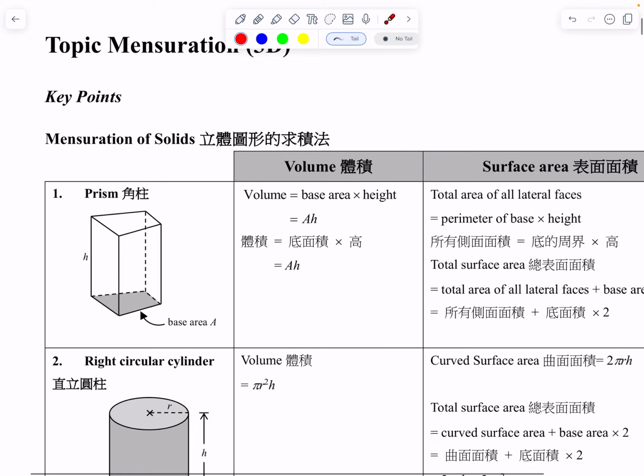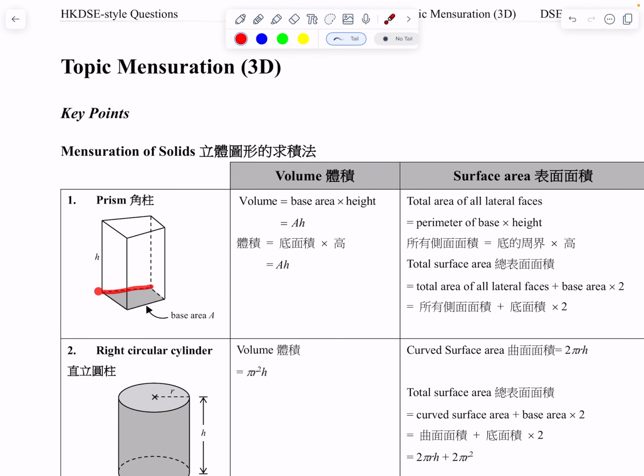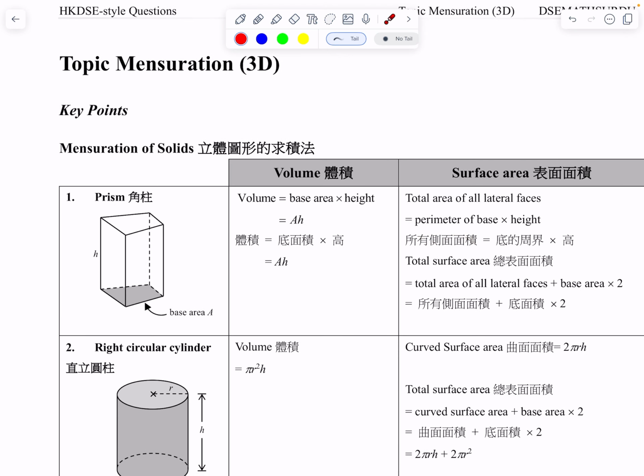Yes. If you can find the perimeter, 周界, of the base, you just need to times the height. That's how you will find all the lateral faces. What does lateral faces mean? In Chinese the words are easier to understand. It means all the things that are on the sides.